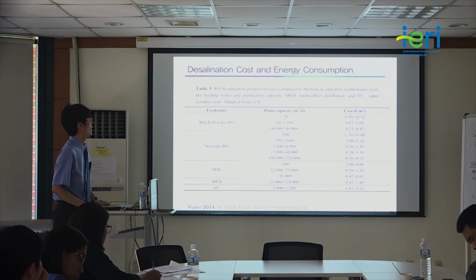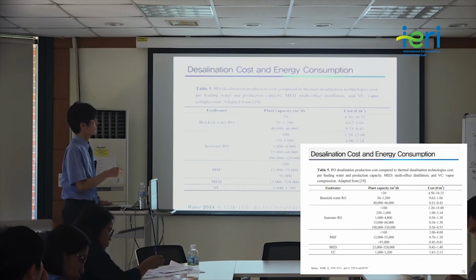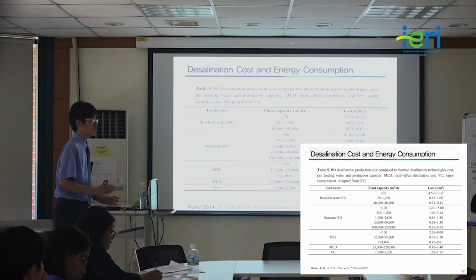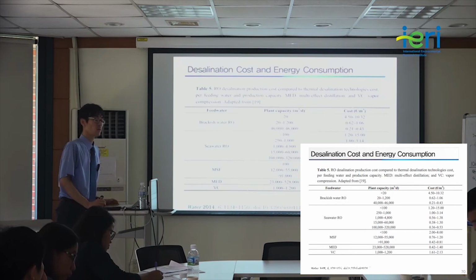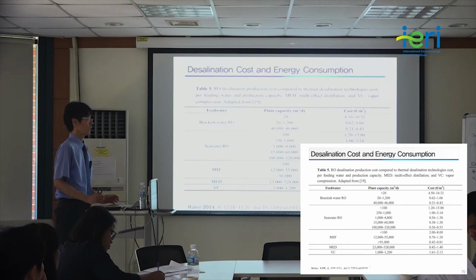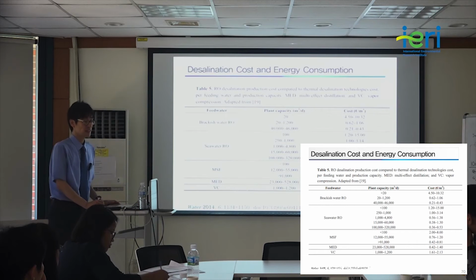And this is another statistic to compare seawater desalination with other types of desalination. Just like the case with the energy consumption, if you build a small size desalination plant, the unit cost will be significantly increased.